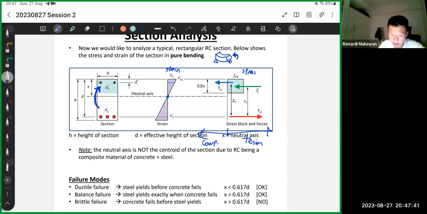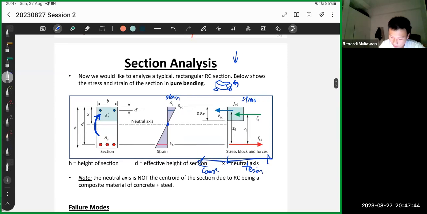If you remember MOM, if you have a UDL, you just take the middle. We can represent it as one force in the middle, and how big the force is is basically just the area. It's the same thing here. Sometimes we just represent it as one line, FC, the force of concrete in compression.